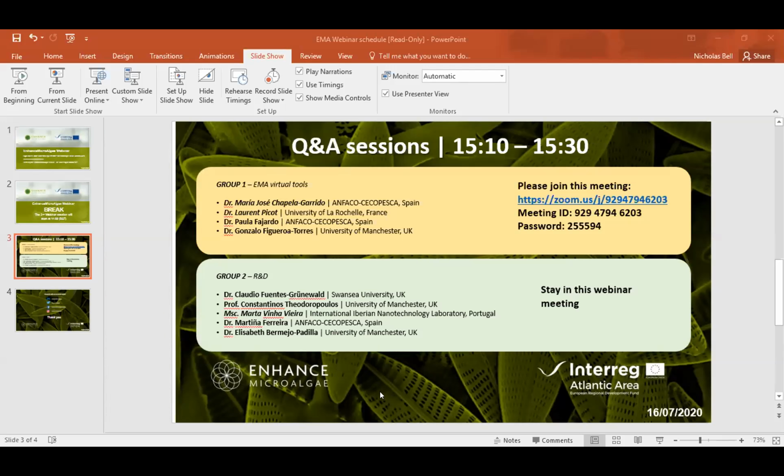A question for Claudio about the decision support tool. When you demonstrated it, it seemed that there were three options for each parameter. For example, the light intensity was 200, 500, or 1000. Are these adjustable? Am I allowed to adjust this if I use it?